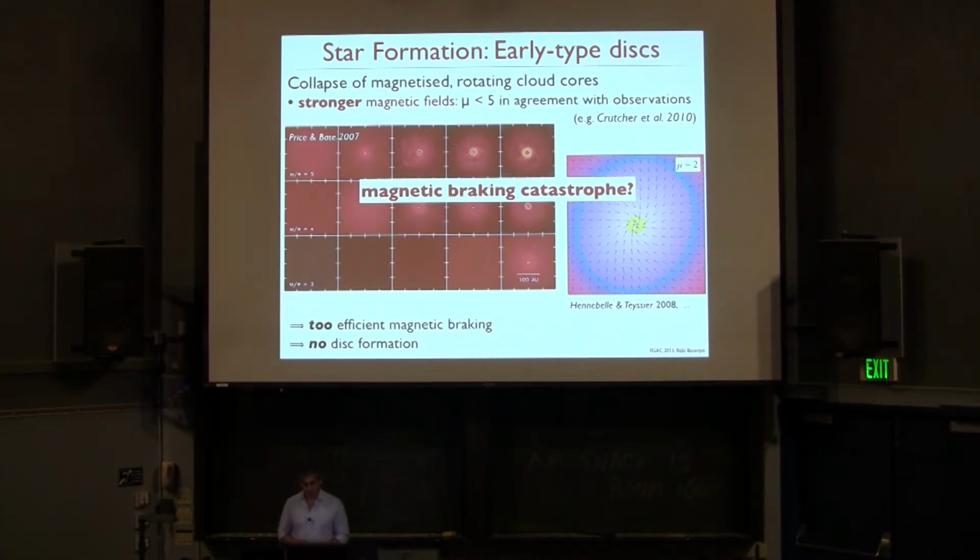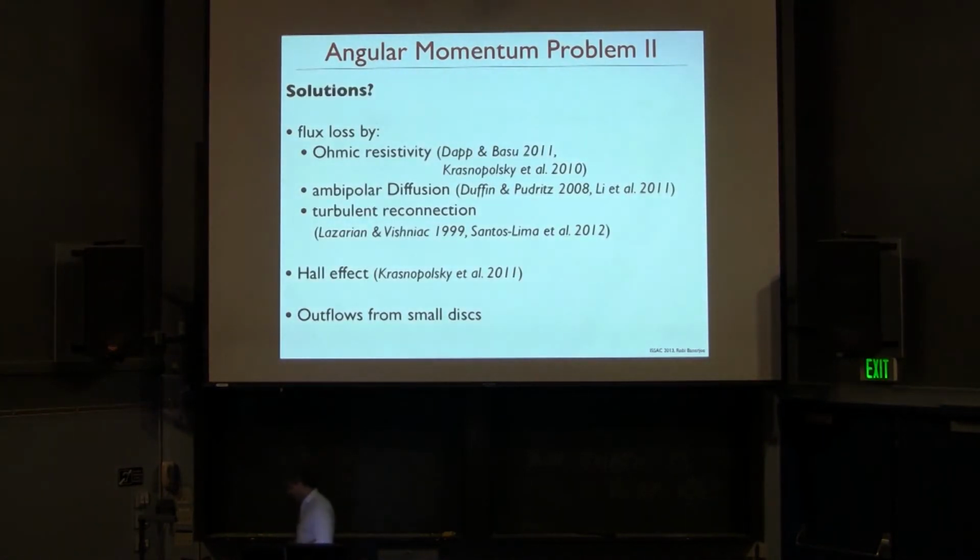If you do studies like this, you're not finding a disk, because you're taking away too much angular momentum by magnetic braking.